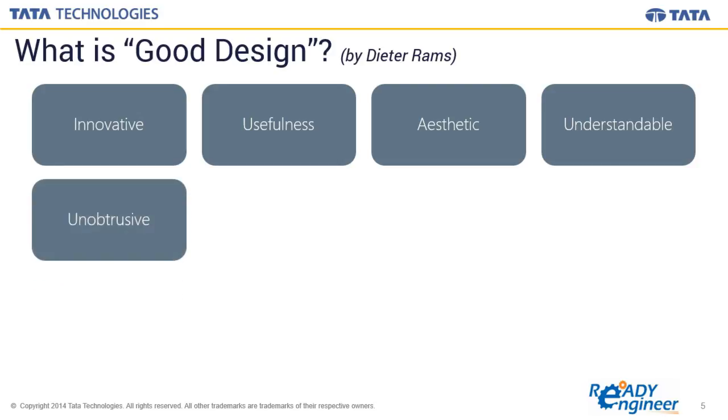Unobtrusive. Let's keep the product what it is. Let me give you an example. If you design a stapler or office stationery which is meant for one purpose, but it doesn't look like that or doesn't say that it is for this purpose, it might not catch on with a customer.